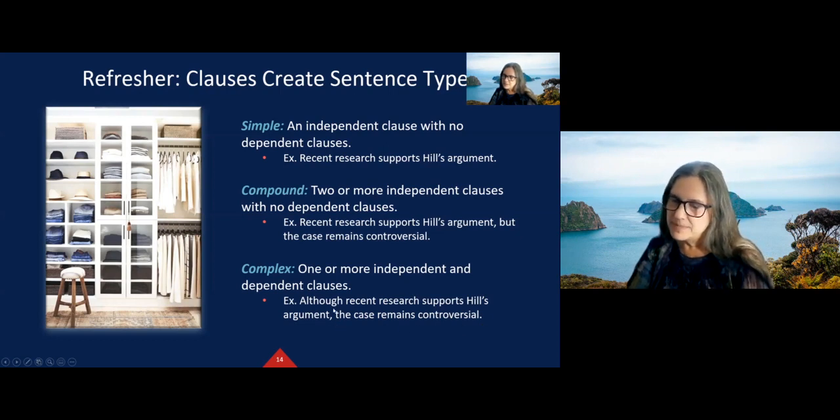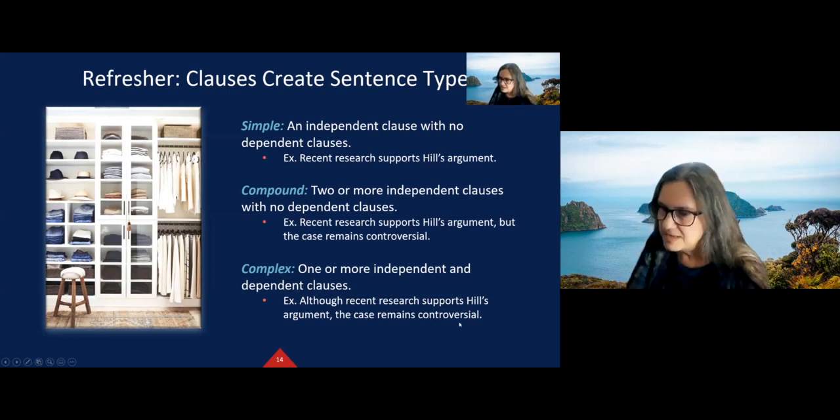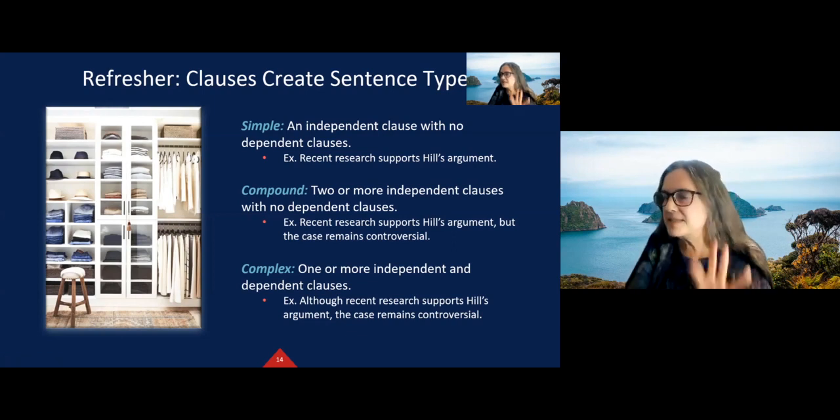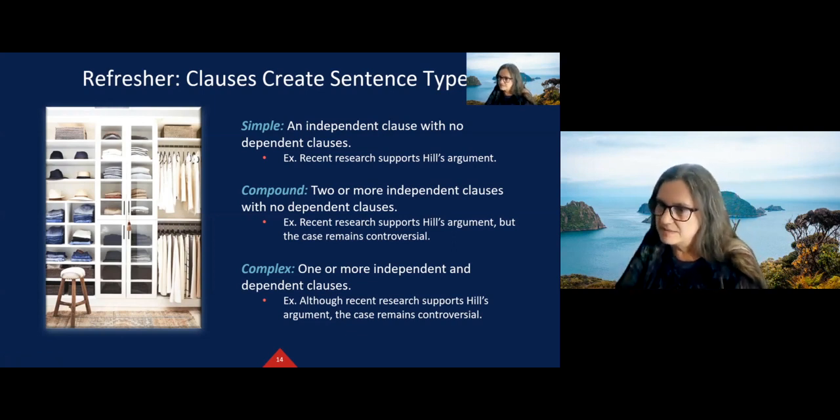So the case remains controversial is a complete independent clause sentence, but the word although turns the first clause, we've got research supports, so we've got a grammatical subject and verb, but the word although makes this whole idea dependent on a finisher, another idea that finishes that thought. Okay, does that make sense on a basic level?